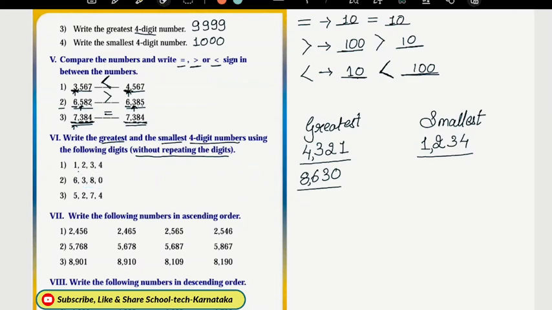Similarly, for the smallest, we need to write from the smallest first. So the smallest number is 0. Next, the smallest from these 3, it is 3. Then we have 6 and 8.